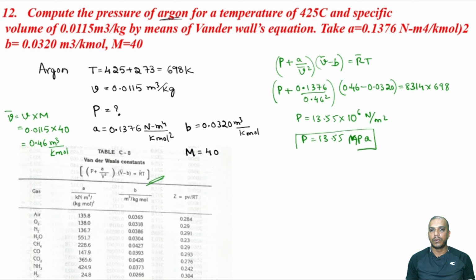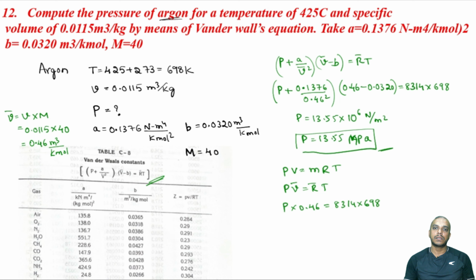If we have doubt about this answer, we can always verify by the PV equals MRT equation. The ideal gas equation is P V bar equal to R bar T. We have V bar value 0.46, R bar is 8314 and temperature is 698.